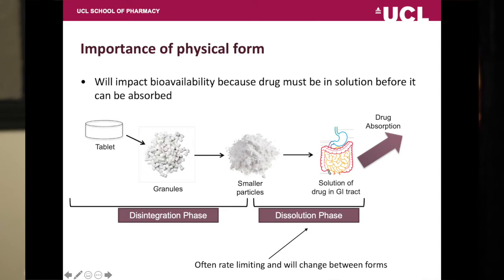Or maybe when you swallow that tablet it starts to disintegrate and form large granules, which then as they start to break down will become small particles. Once those small particles dissolve, the molecules are in solution in the GI tract somewhere, maybe in the stomach if it's an immediate release tablet, maybe in the small intestine if it's a more extended release tablet. And then once the drug is in solution, it can be absorbed across the gut wall.